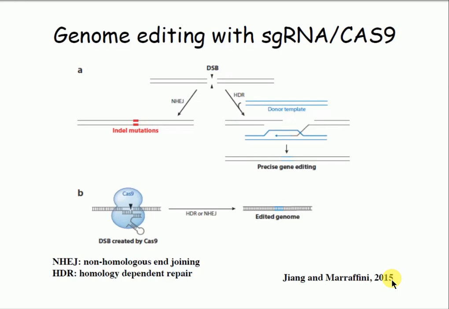And this way, you will synthesize the gap that is present here. If you're not entirely sure, you might want to take a book and look into this to really understand what is happening here. Basically, you use a template to synthesize the next strand, and then this one will fall back onto this template to synthesize the rest. And this way, you fill this gap. So this is the principle of homologous recombination.